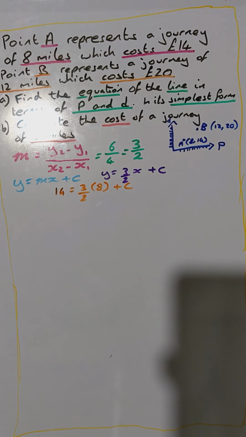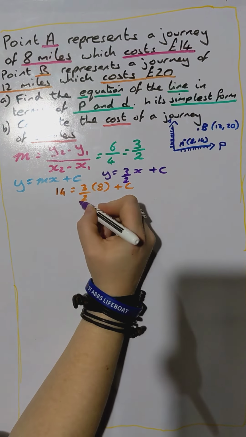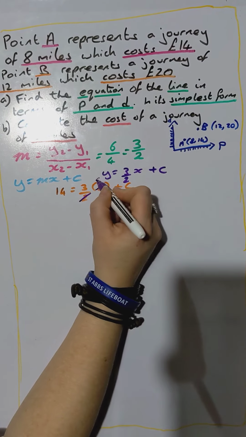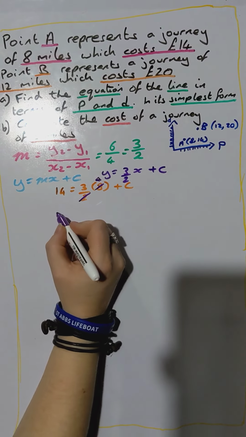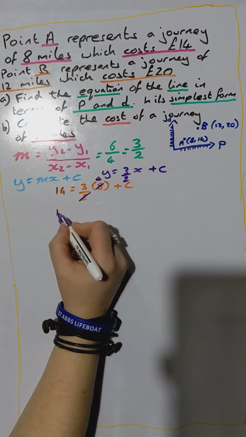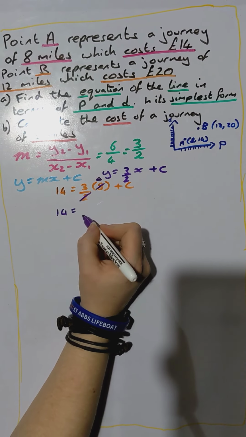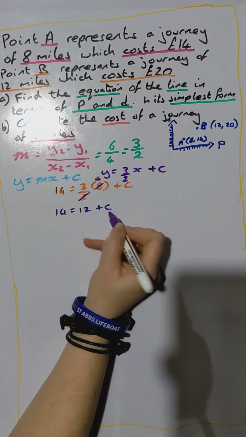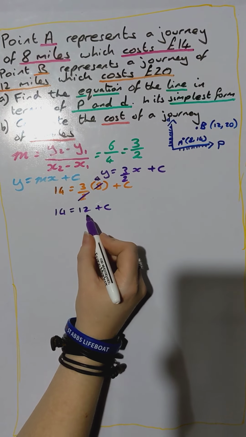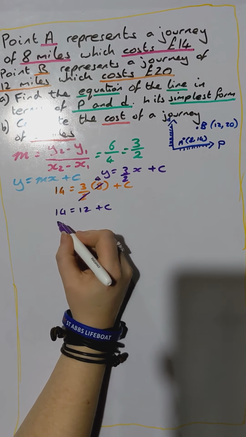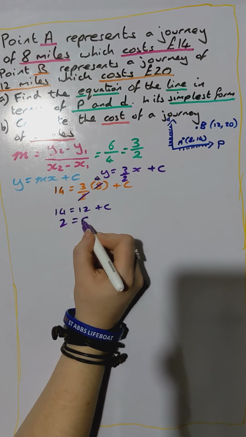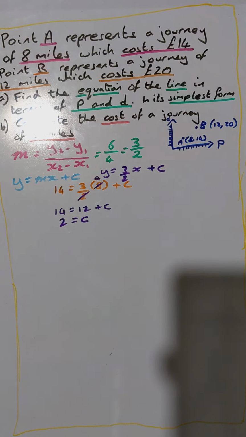Now I can cancel down. That 2 can divide into that 8, giving me 4. And that gives me 14 equals 12 plus c. The 12 is adding here, so it goes over to take away. 14 take away 12 is 2. So I have my c value equals 2.